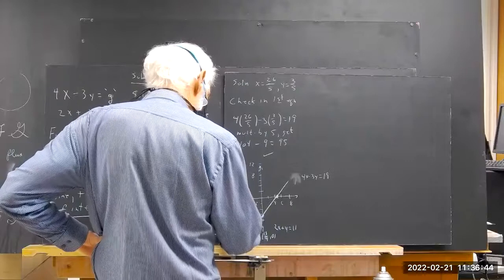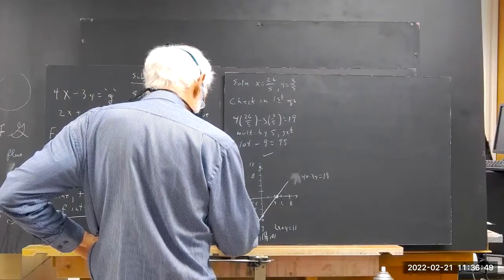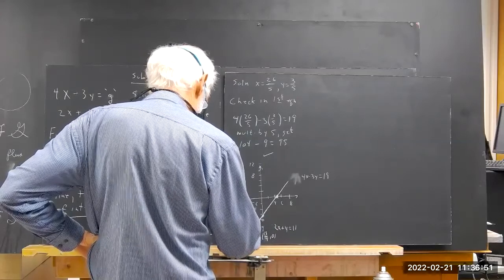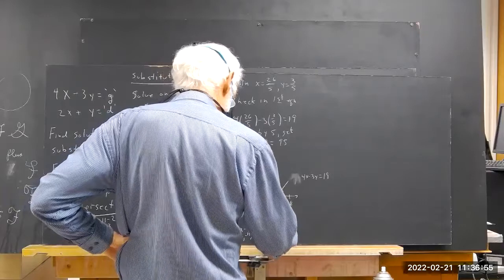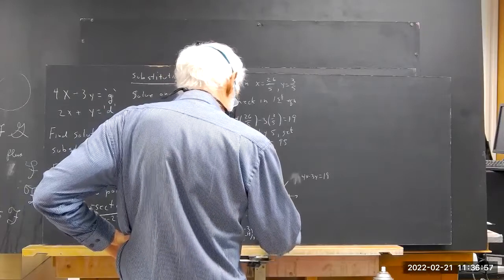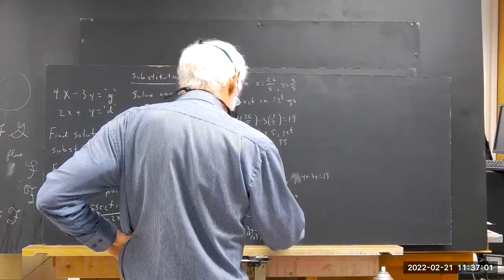First of all, let me label these points. Go back here. Here's 0, negative 19 thirds. Here's 19 fourths, 0.